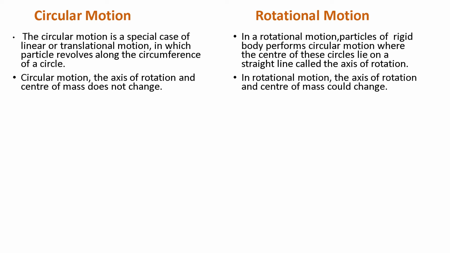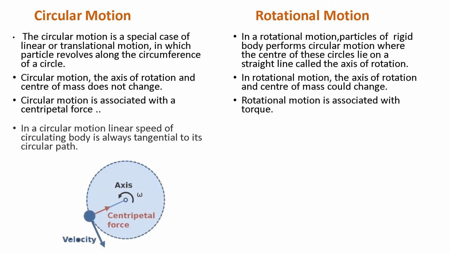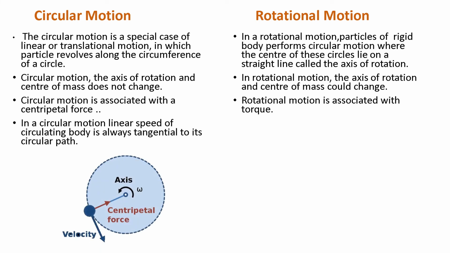In a rotational motion, the axis of rotation and center of mass could change. In a circular motion, the motion is associated with a centripetal force. The centripetal force is required to perform a circular motion, whereas rotational motion is associated with a torque. So when a torque is applied to the body, the object starts performing a rotational motion.